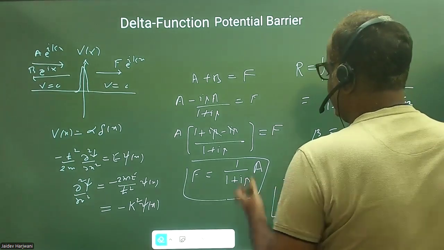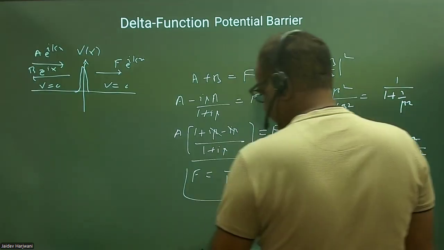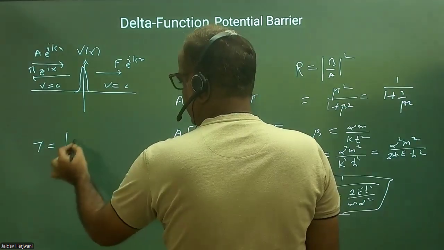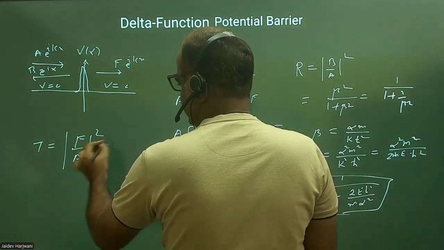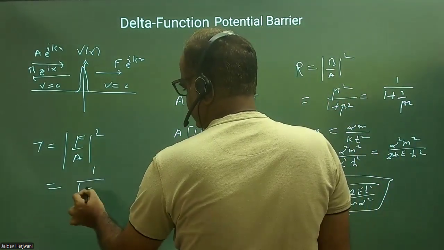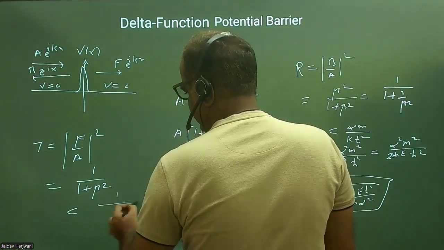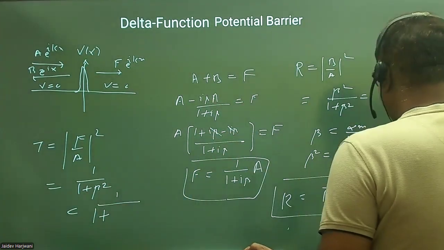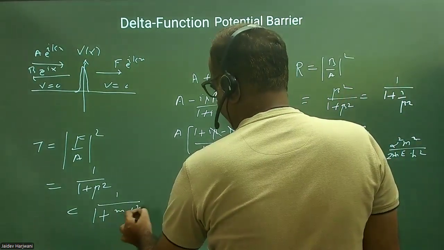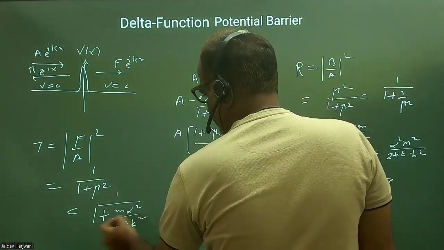And similarly, now you can find that your transmission coefficient T will be F by A mod square, that is 1 upon 1 plus beta square. Beta square is m alpha square upon 2E h cut square.